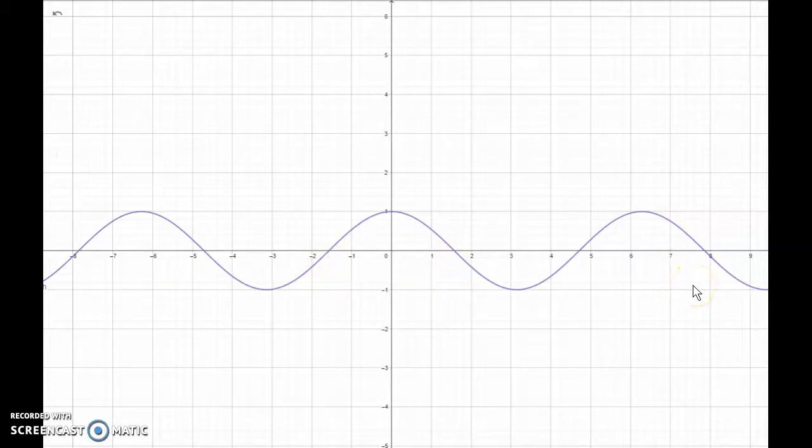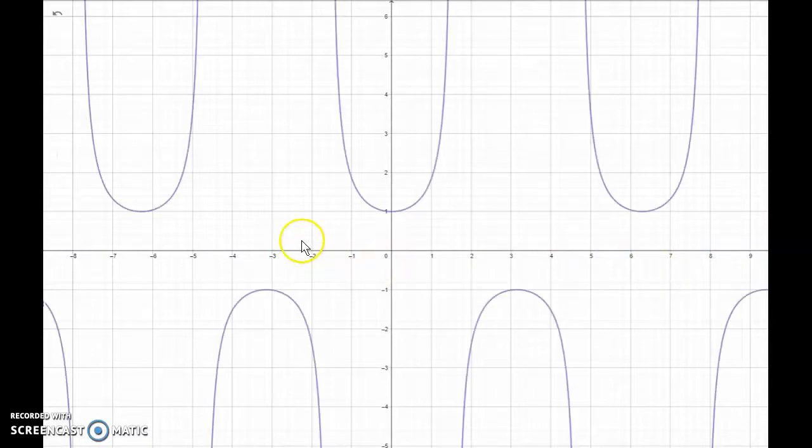The same goes for secant, where the graph of secant looks like this. As you can see, it is also symmetric when you compare it with the y-axis.